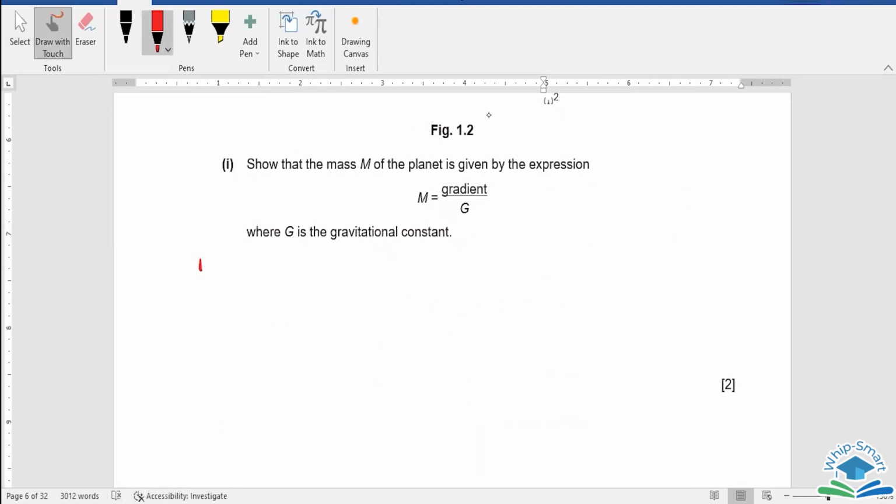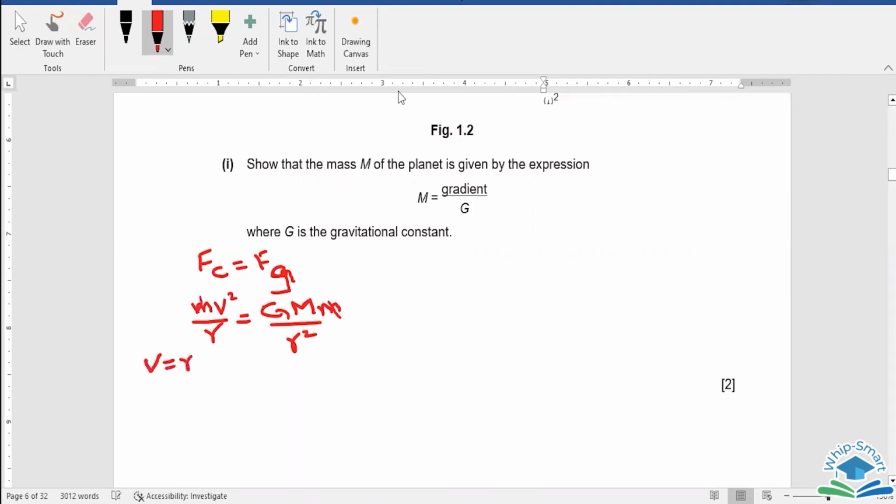As the moon is revolving around the Earth, there will be two forces, centripetal force and gravitational force. Centripetal force will be equal to mv square upon r. Gravitational force will be equal to GMm over r square. So here m will be cancelled out by m. By using v equals r omega, we will substitute the value in place of v square.